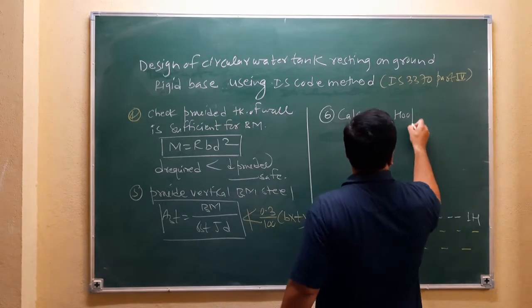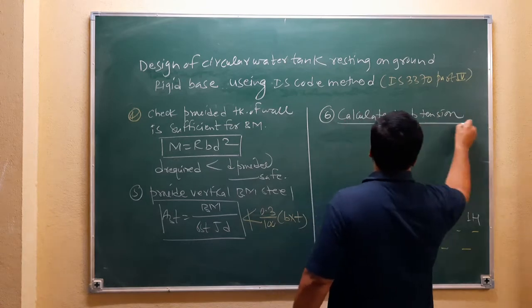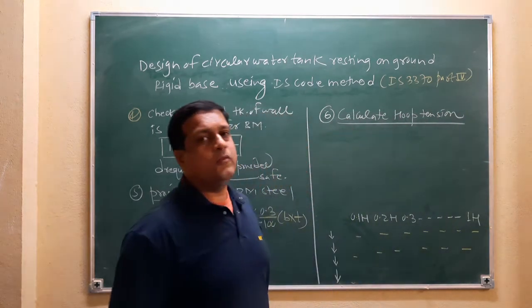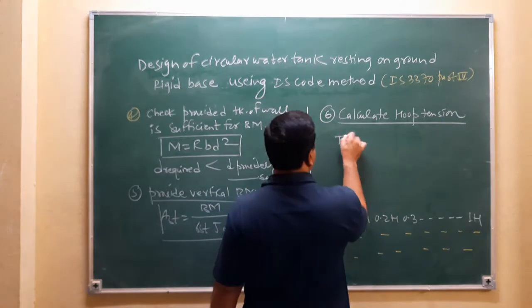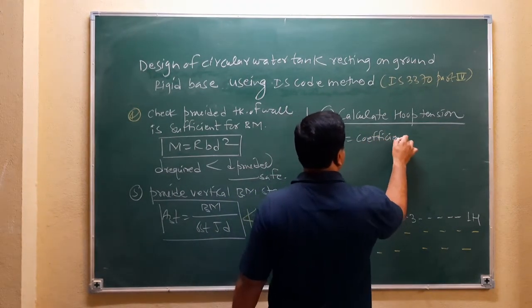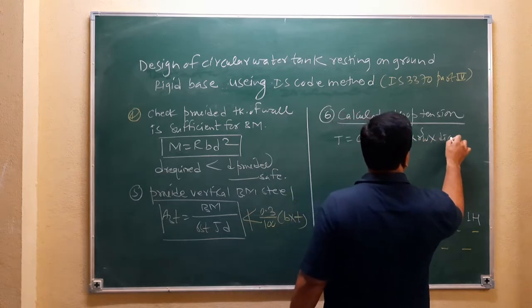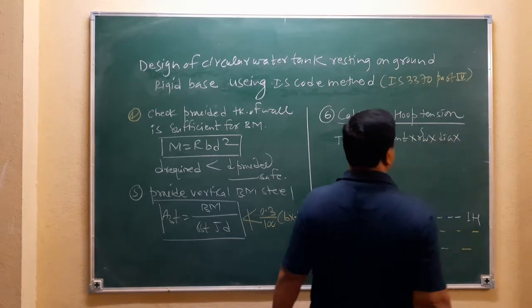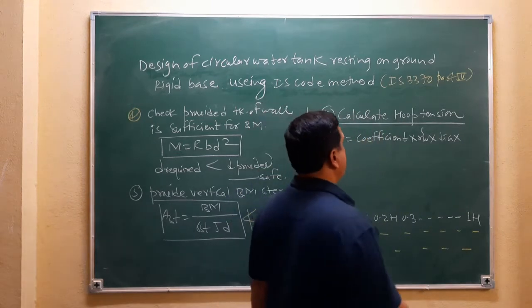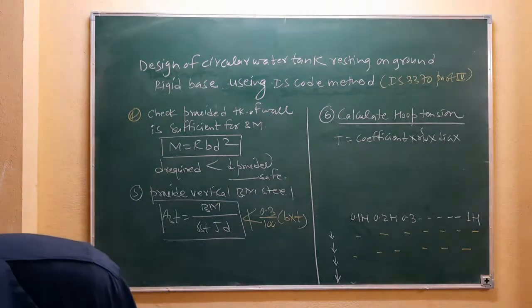Calculate hoop tension, but you are using the IS code method. So hoop tension is calculated using IS code coefficient. So coefficient multiplied by gamma W into H into diameter by 2. I will check it because this formula is available on page number 35.